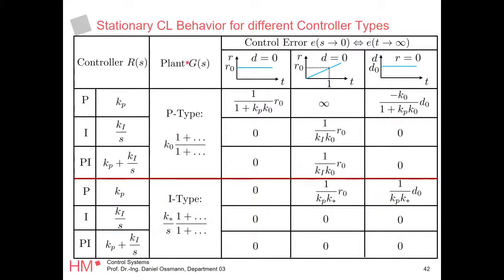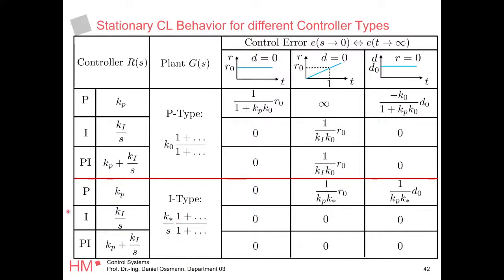So to determine K0 of a plant, G of S, which is proportional, you just put S to 0. You end up with the static gain. But here, if you put S to 0, it's going to get to infinite. So to still talk about this gain here, we are making this K star the K0 of only the element without the 1 over s.